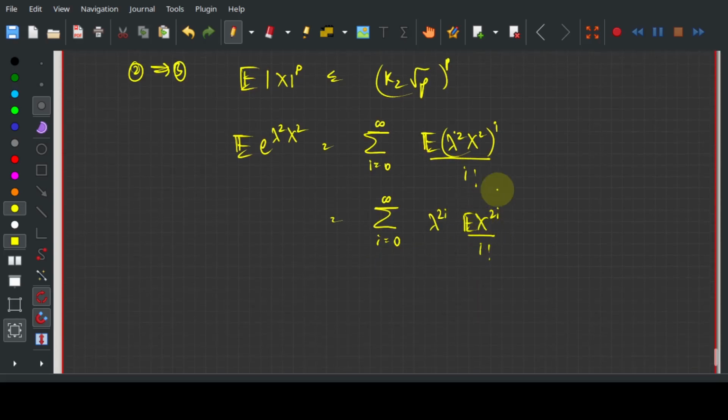Right? But I already have a bound on expectation of x to the 2i. Right? Because expectation x to the 2i is also equal to expectation of mod x to the 2i.